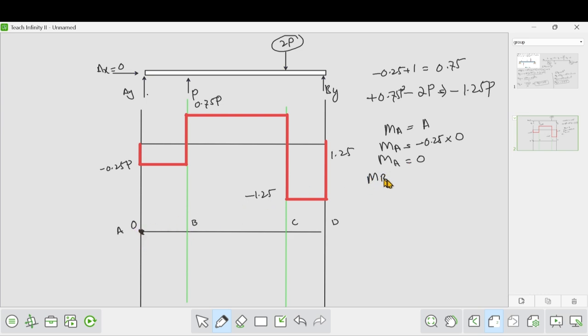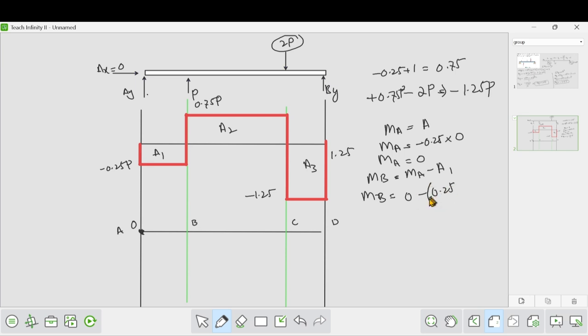Now moment at point B is equal to moment at point A minus A1. So let's say this is A1, this is A2, and this area is A3. So moment at point B is equal to moment at point A, 0, minus area A1.